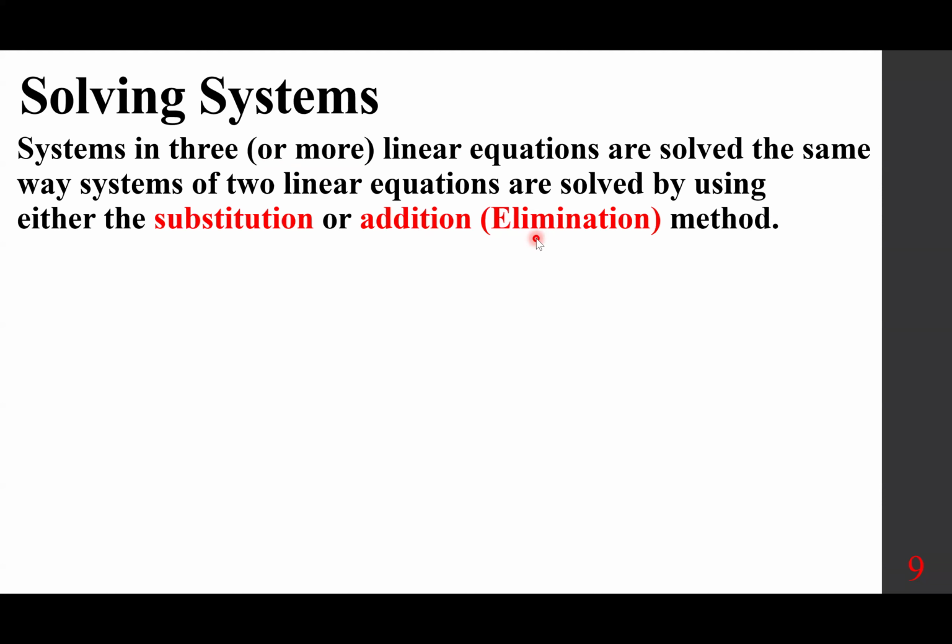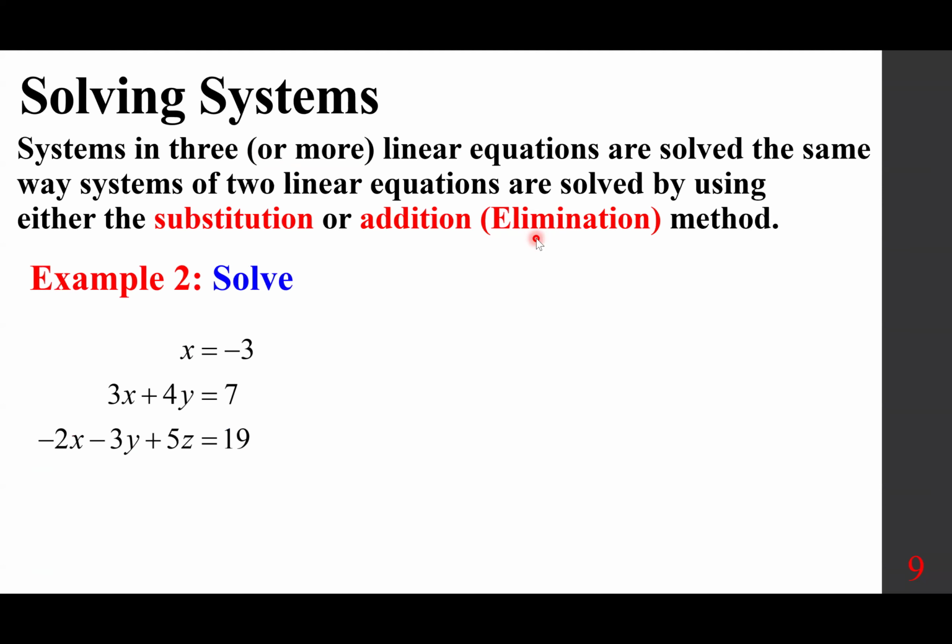So the same methodology works, and we are going to look at an example here. x is given as -3, 3x plus 4y equals 7, minus 2x minus 3y plus 5z equals 19. So basically x is given, everybody.